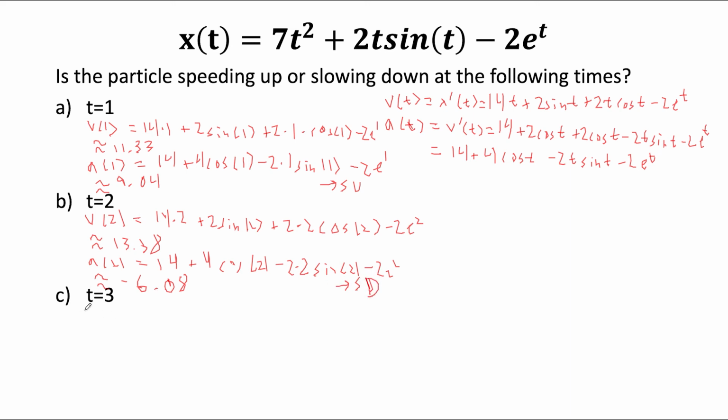All right, now let's look at, finally, time t equals 3. First of all, v of 3 is 14 times 3 plus 2 sine of 3 plus 2 times 3 cosine of 3 minus 2e to the 3.